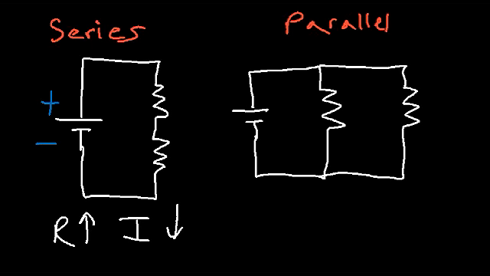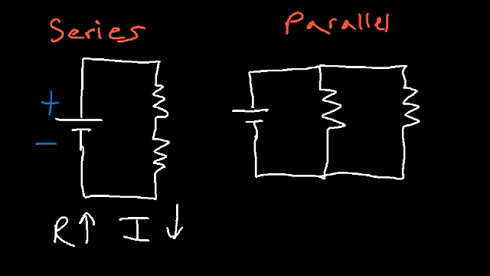So let's say if you put 3 light bulbs in series, it's going to be even dimmer because there's less current flowing through it. Whereas in a parallel circuit, the voltage is the same. So it doesn't matter how many light bulbs you add. As long as you have a strong enough battery that can dish out enough current, each light bulb will remain bright.